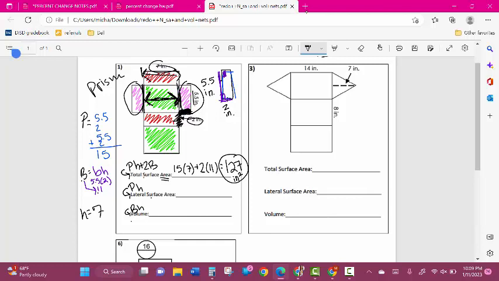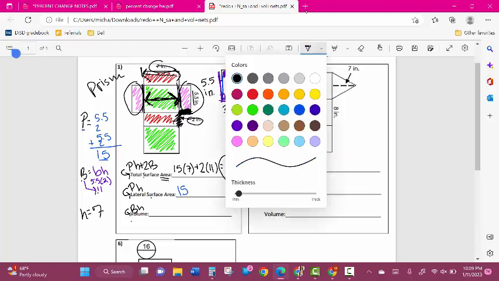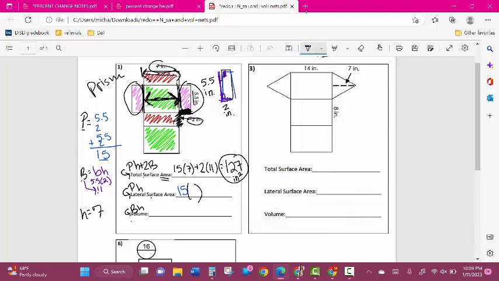Okay. Now looking at the lateral surface area, we need P times H. So I'm going to take P, and P is the value 15. So 15 times whatever H was. H we have 7. So we need 15 times 7.